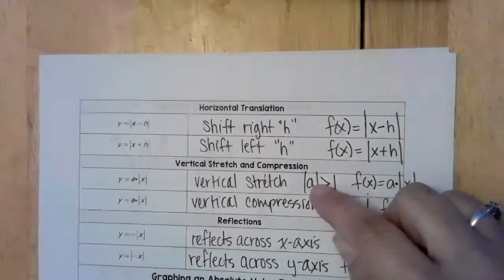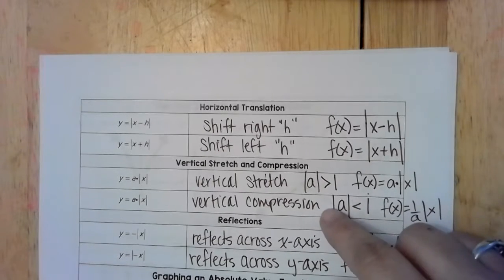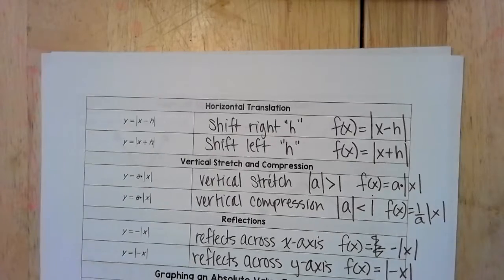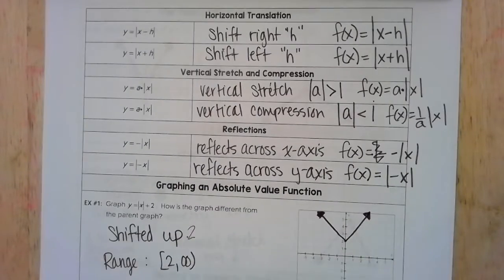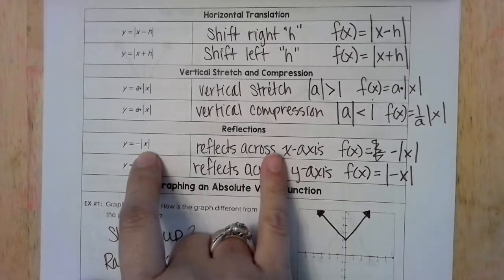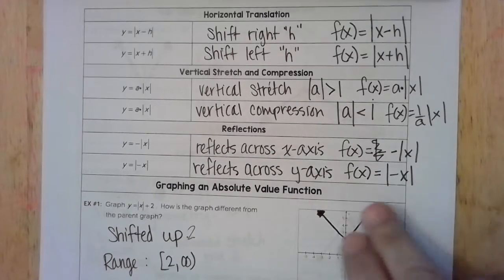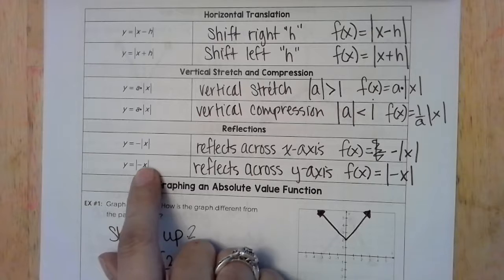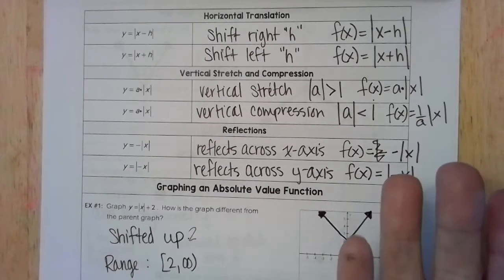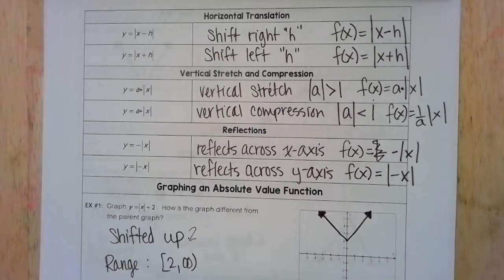A vertical stretch will look like it's pulling up towards the ceiling. A compression will look like it is flattening out the image. A reflection, if it's negative times the absolute value, reflects across the x-axis, so it flips upside down. If it is inside the absolute value sign with the x, then it flips horizontally, so it goes sideways.